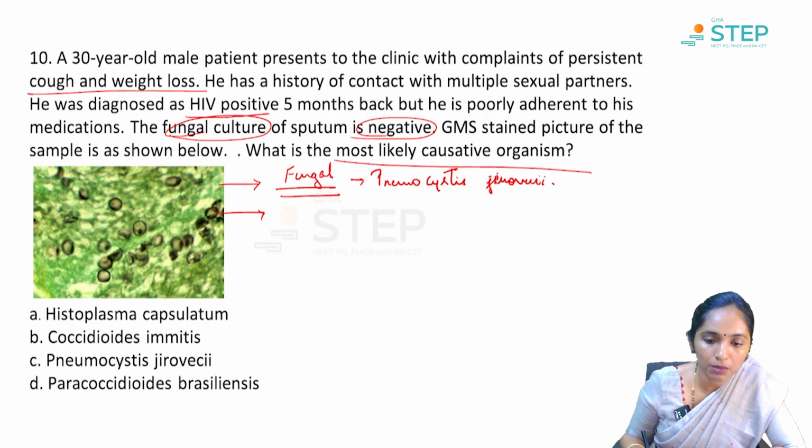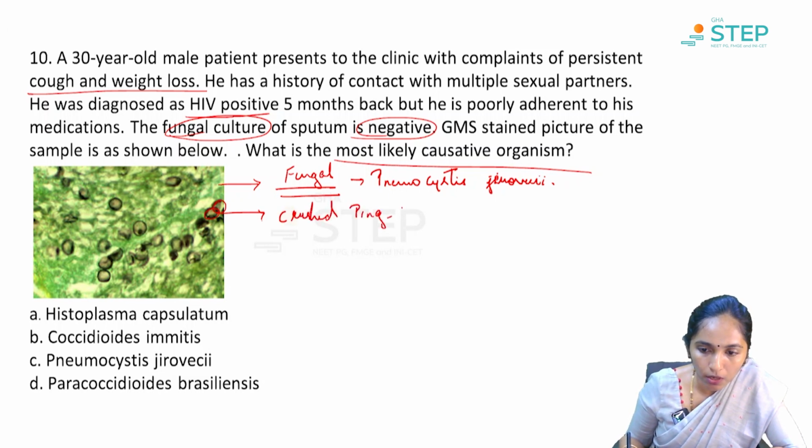In the Gomori methenamine silver stain, Pneumocystis jirovecii shows what is called a crushed ping pong ball appearance, also referred to as crescentic cysts. So we have crescentic cysts which are present.